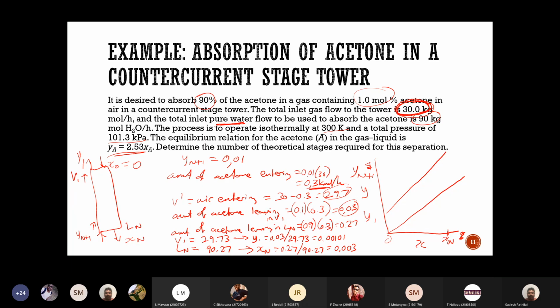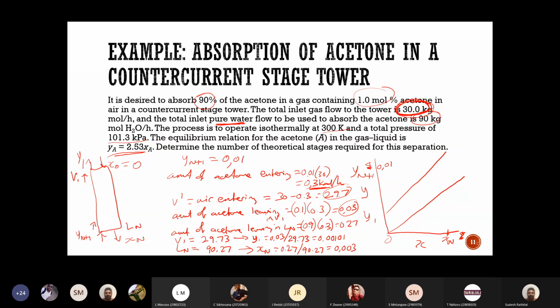Now that we've got that, we know that yn plus 1, which is on the top here, is the maximum value. This maximum value is 0.01. You can see what a small value that is. If I plotted my graph from 0 to 1, then once I get to 0.01, my entire graph, my entire construction, is going to be there.